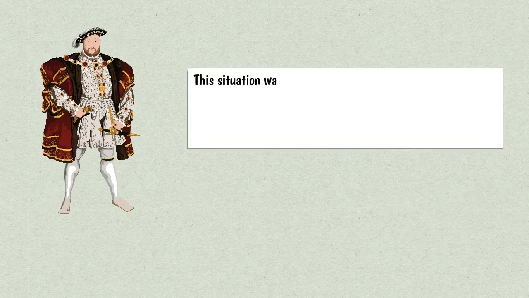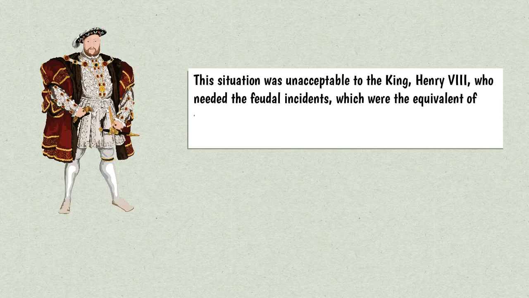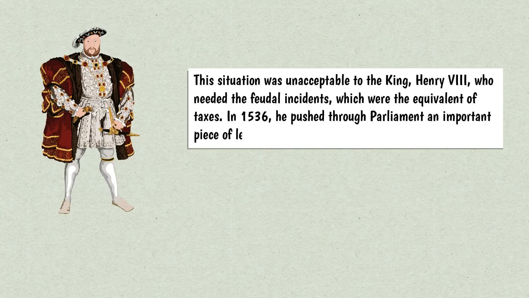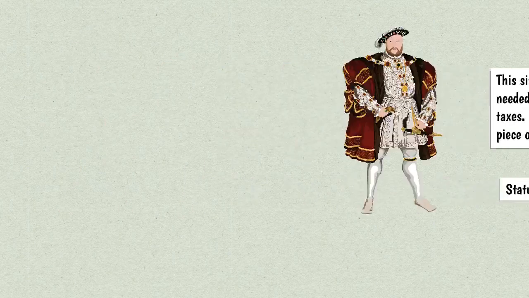The situation was unacceptable to the king, Henry VIII, who needed the feudal incidents, which were the equivalent of taxes. In 1536, he pushed through Parliament an important piece of legislation, the Statute of Uses, which got rid of uses by converting them into legal estates that would be subject to all the usual feudal incidents.